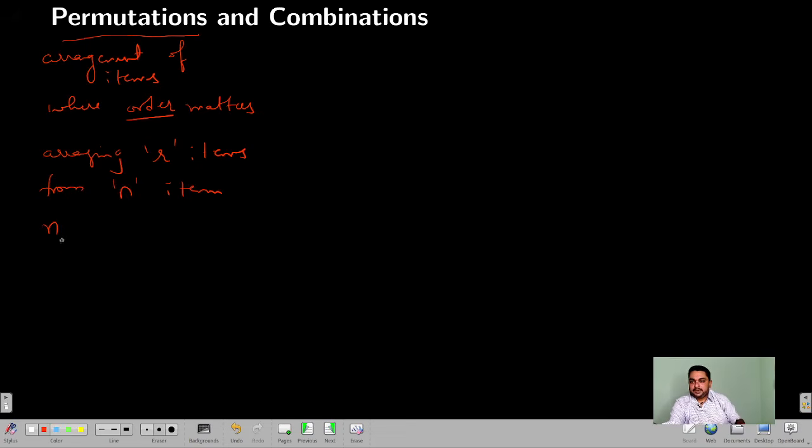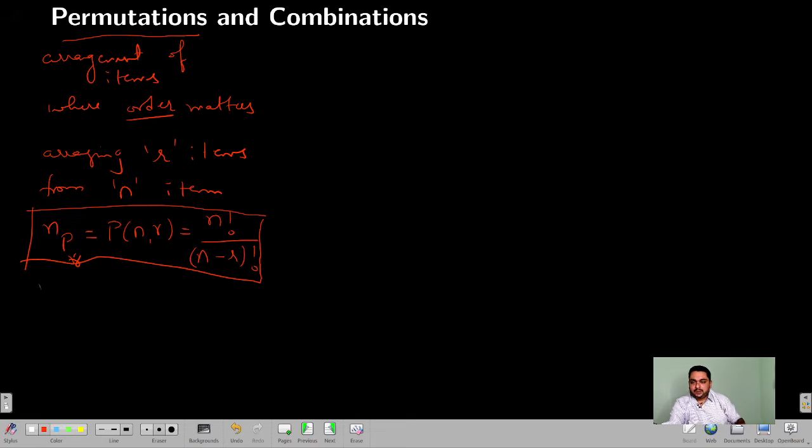So we write it as nPr, arranging R items from n items. P stands for permutation. There are different notations in different textbooks, or you can write it like this: P(n, r). The formula is this; I will not go into the derivation of this. If you are interested, you can search in Google or any AI tools that will show how it is derived. This is the formula for permutations.